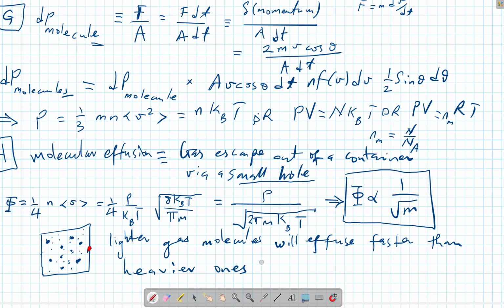Therefore, you can use this property for mass separation.